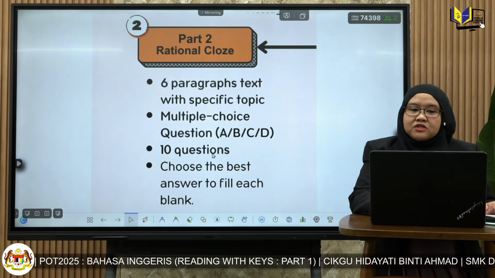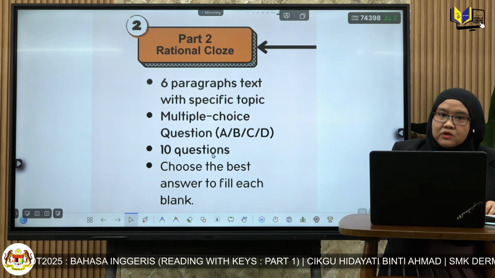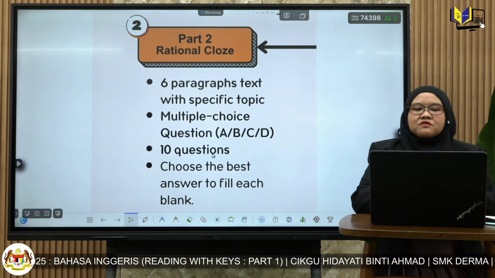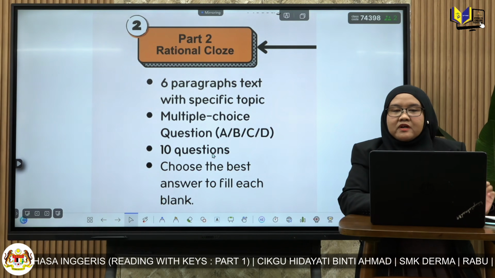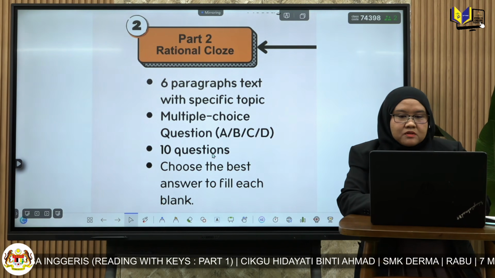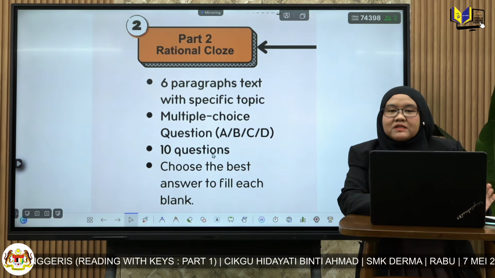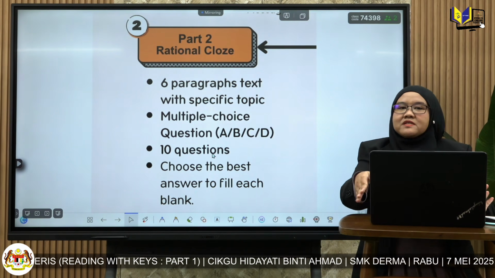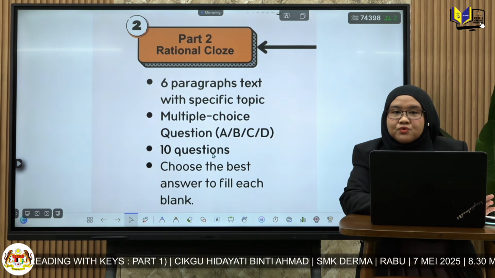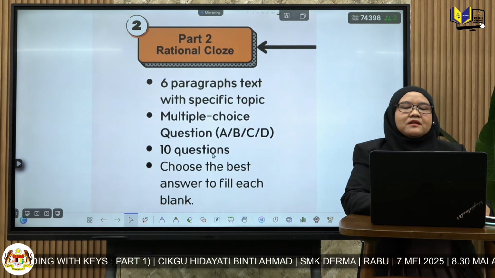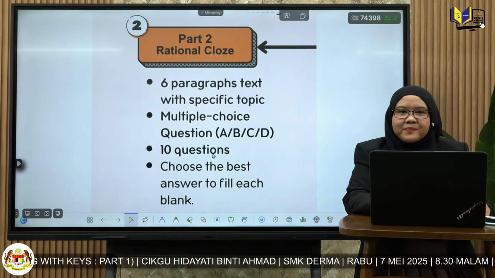Then you have Part 2 for rational cloze. Rational cloze consists of 6 paragraphs, sometimes more, of text on a specific topic, with multiple choice questions, A, B, C, and D, 10 questions, and you need to choose the best answer to fill each blank.